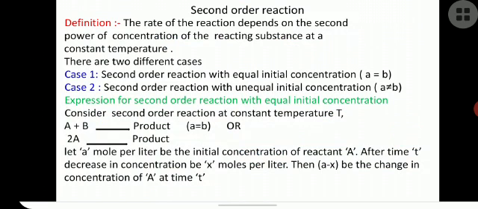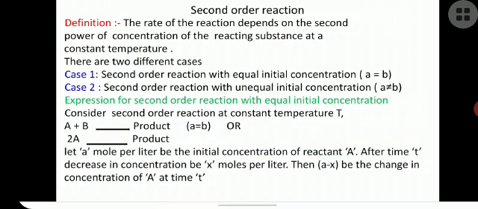In this case, concentration of both the reactants are same, that is A is equal to B. Now in second case, that is second order reaction with unequal initial concentration. In this case, the concentration of both the reactants are different, that is A is not equal to B.